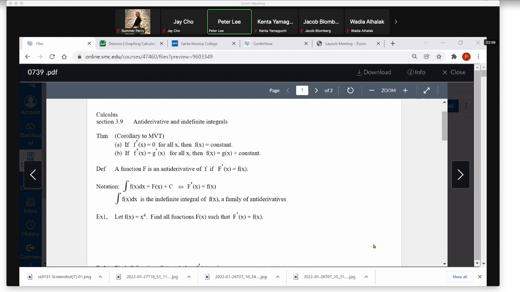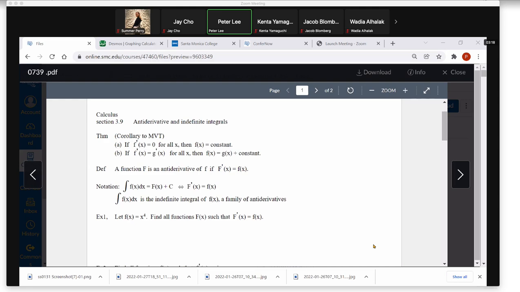In our case, I have decided to put 3.9 together with chapter 4. So this section is not covered on today's test, but it will be covered as part of chapter 4 on the next test.